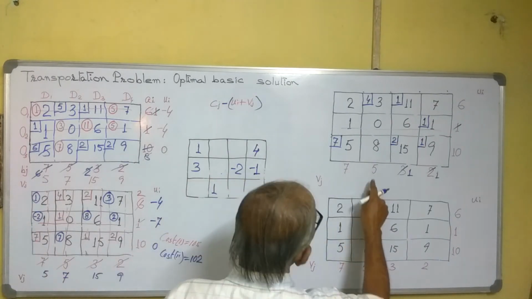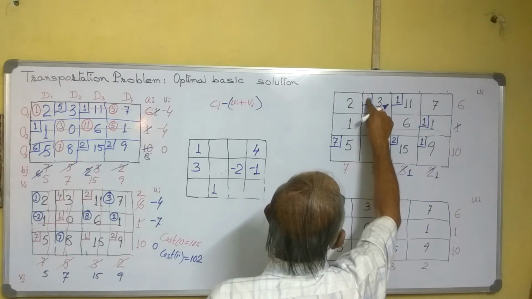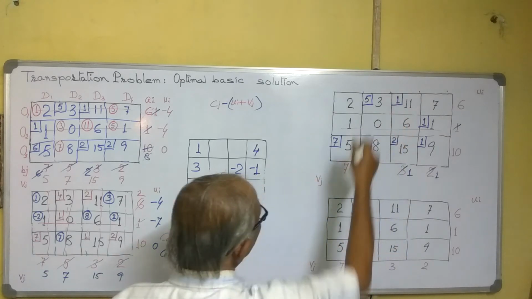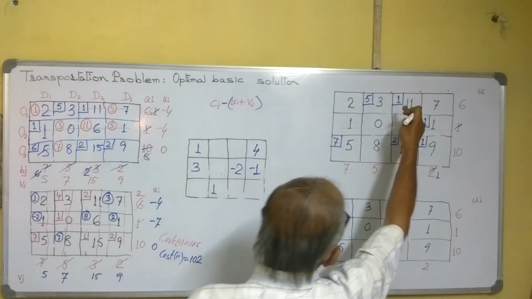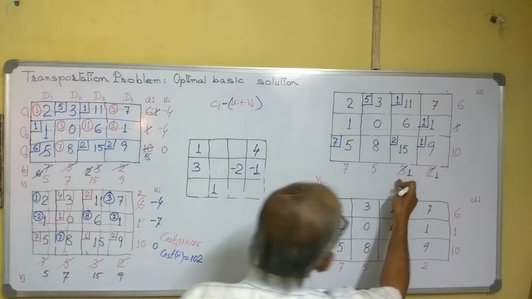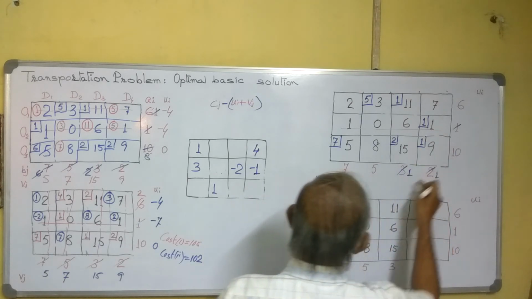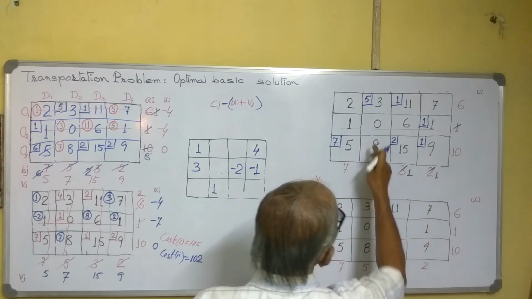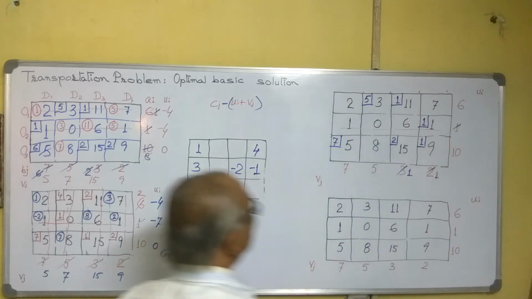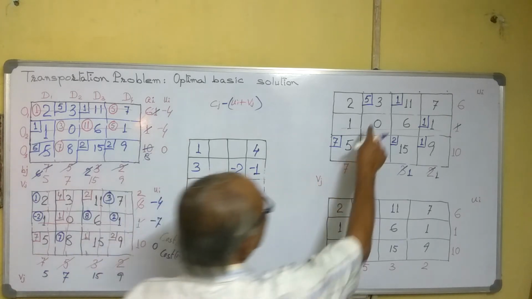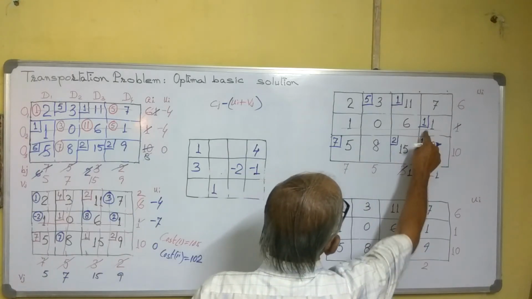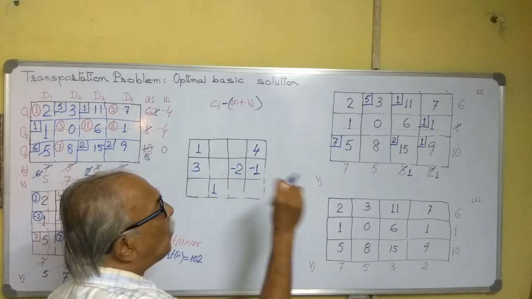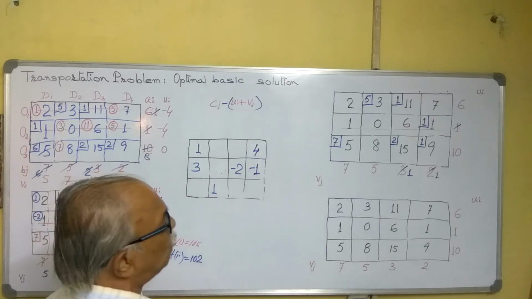Otherwise, if we are making it 5, then only it remains correct. 5 is there, 1 and 2, 3 is there, 1 and 1, 2 is there, here 7 is there. Again 7 to 9 and 1, 10, 5 and 1, 6. So this will be the allotment. Again 5, 1, 2, 3, 4, 5, 6. Since it is 6, once again it's a basic feasible solution.